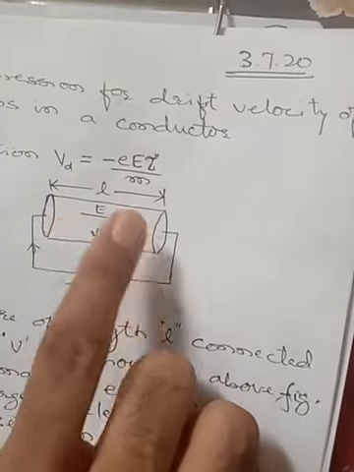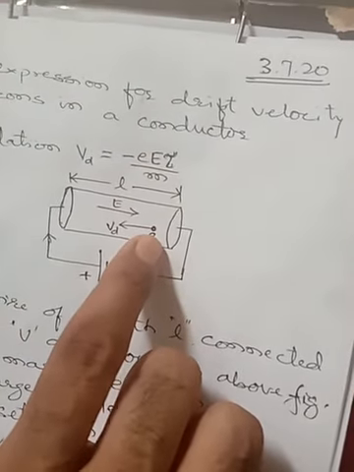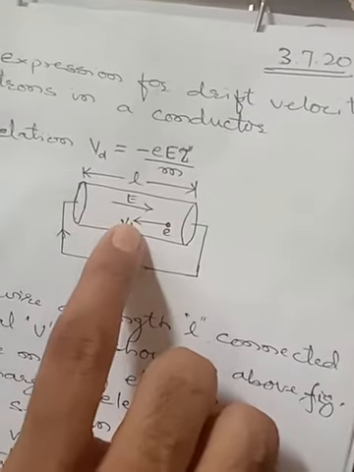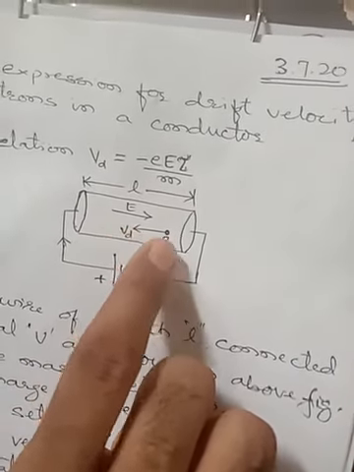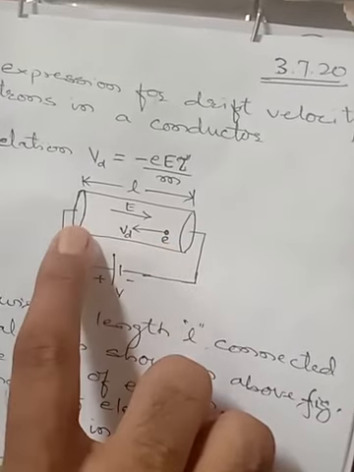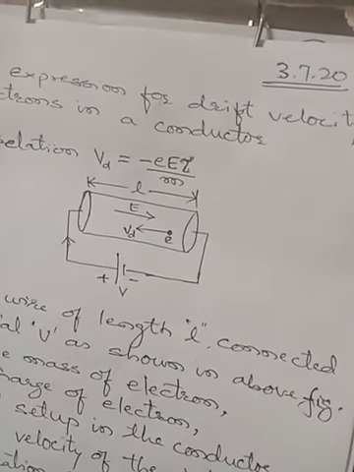As soon as the electric field is set up, the electrons present will start moving in a particular direction. They will get the drift velocity, and they will start drifting from the negative terminal towards the positive terminal. This theory we have already seen.